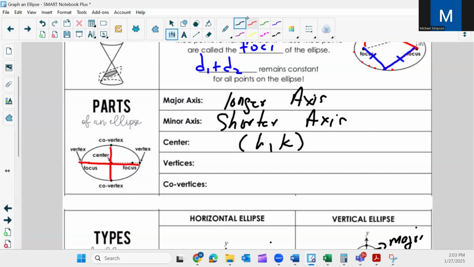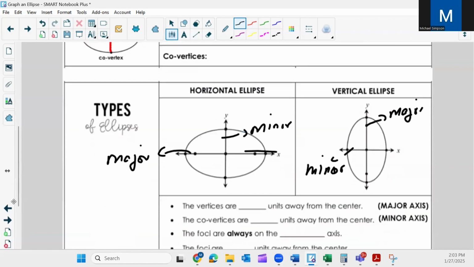Okay, vertices now. What are vertices? Let's go by this diagram right here. Vertices are the endpoints of the major axis. So here is my major axis. The endpoints of that axis are called the vertices. For the minor axis, the endpoints are called co-vertices.